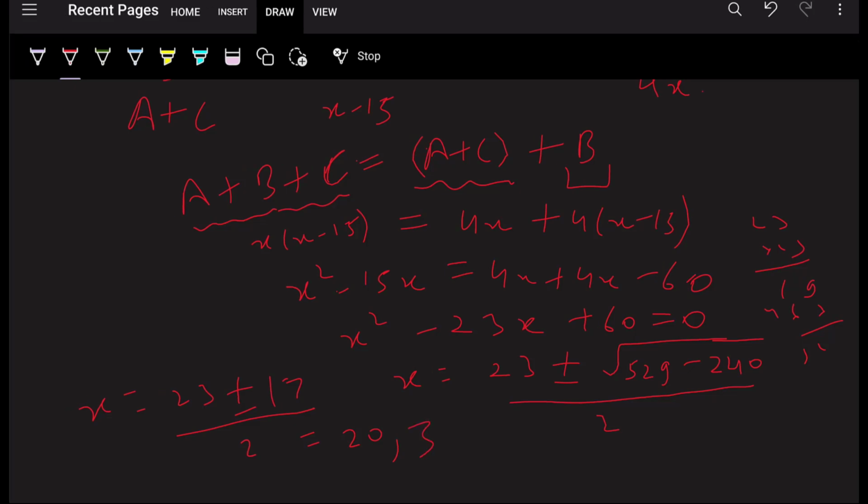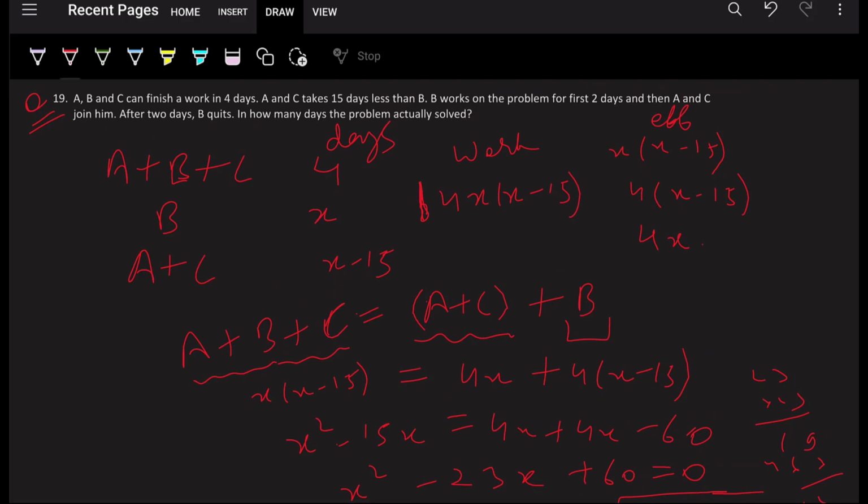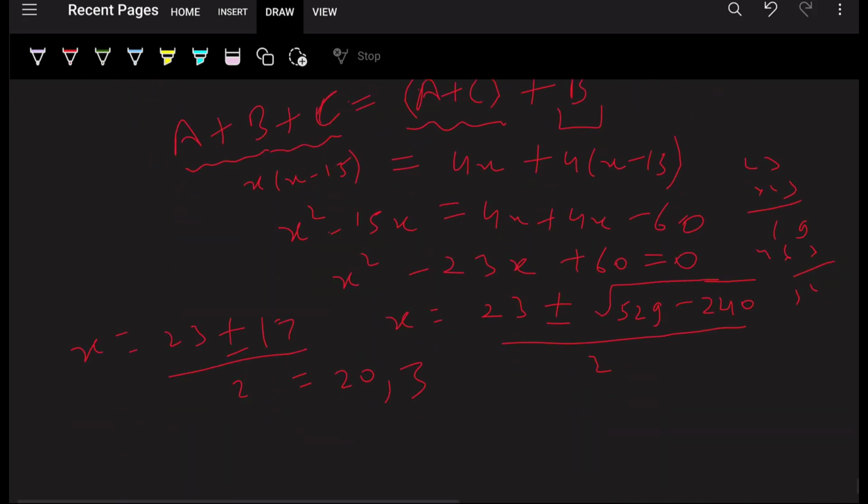Now we got x equals 20 and 3, but here we see that A plus C takes x minus 15 days. So if x is 3, then the number of days will come as negative. So we will not take the value of x as 3, it will be rejected. So now x will be equal to 20.